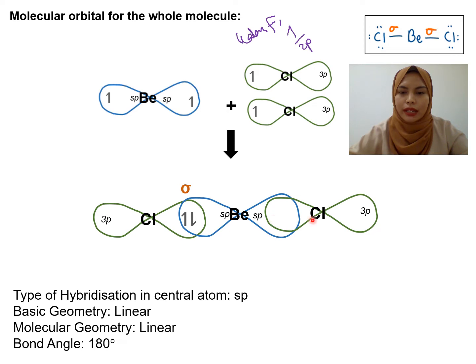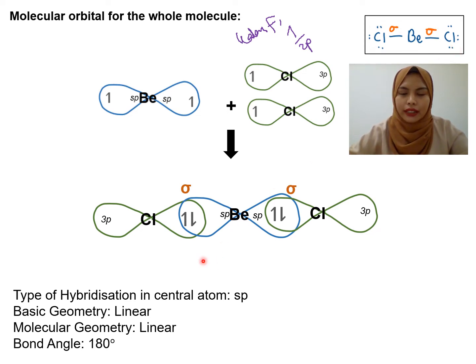Okay, so bila diorang overlap the orbital, that means mereka akan share the electron. Okay, so bila diorang dah share the electron tu dah berpasangan, so you lukislah electron tu satu kat atas, satu kat bawah, and then please mention that this overlap adalah sigma overlap. So this is how sigma bond Be dan Cl di sebelah kanan terbentuk.